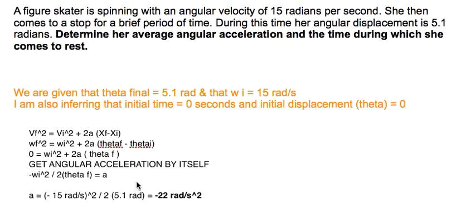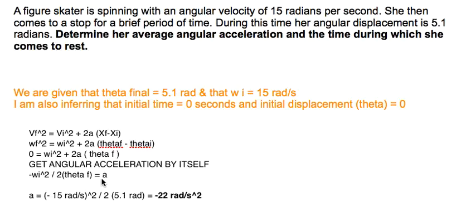So I know that her final velocity is 0 because she's coming to rest, and I do know her initial velocity, and I'm adding 2 times acceleration, and her initial displacement is 0, like I said above, so I can take that away.